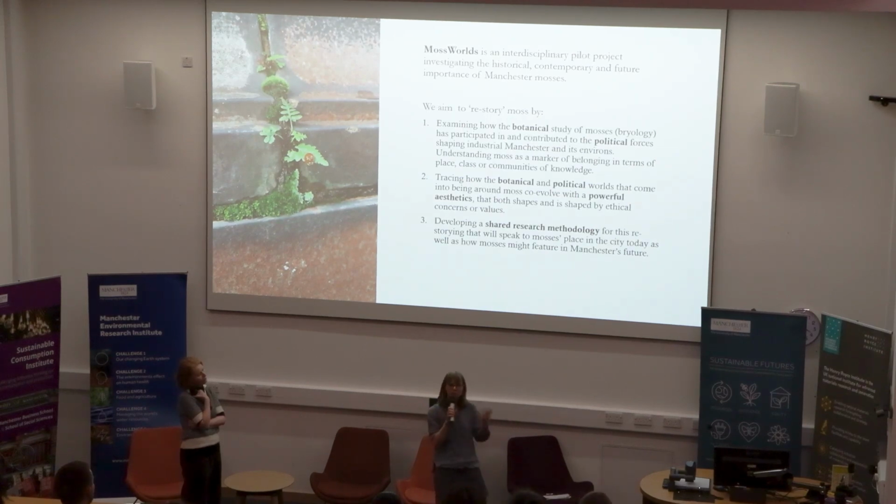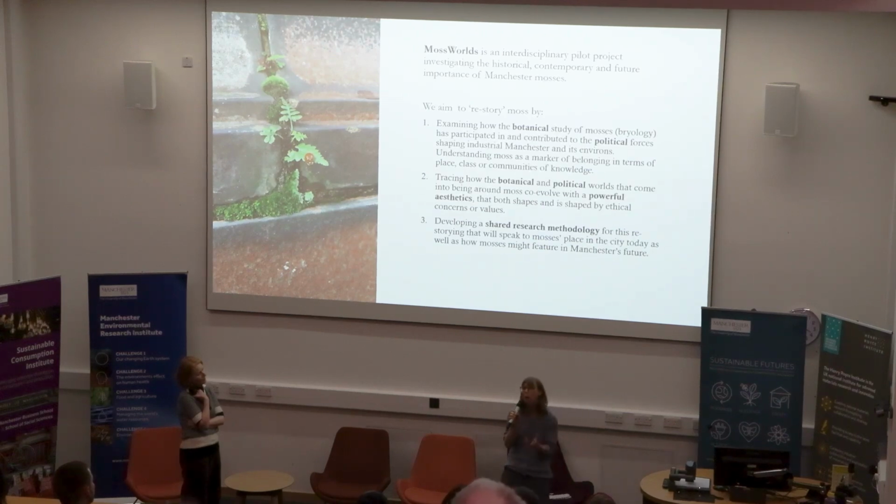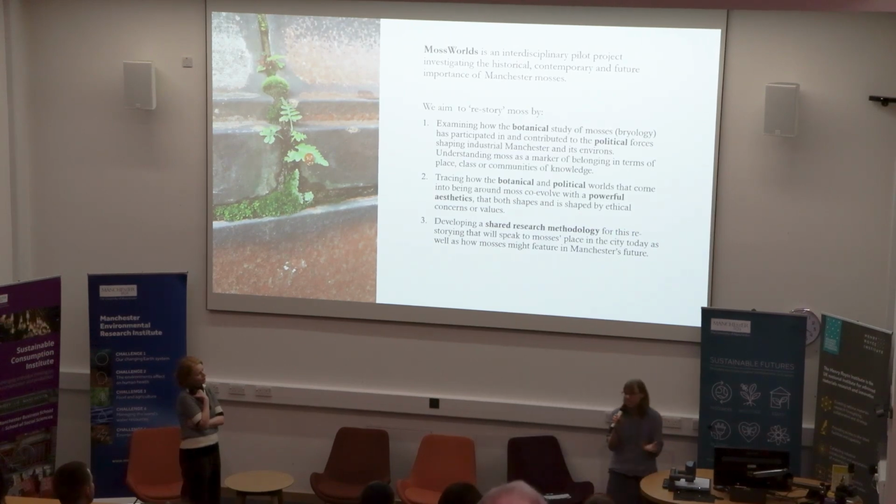So we see all those ways of thinking about moss, particularly associated with the aesthetics of its smallness, but its spread, associated with its botanical capacities and the way that it looks, because it's often at its most beautiful when it's wet and green.